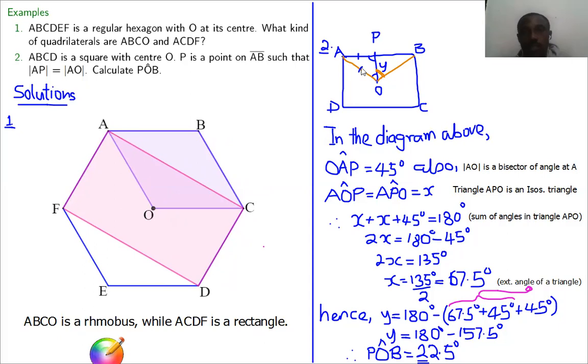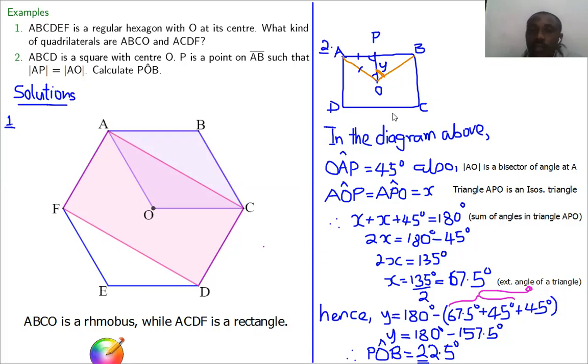So you see this dash and this dash, those two indicators imply that the length of AP is equal to AO. And if they are equal, then what can we observe? So in the diagram above, angle OAP, the angle located here, is equal to 45 degrees. Why?